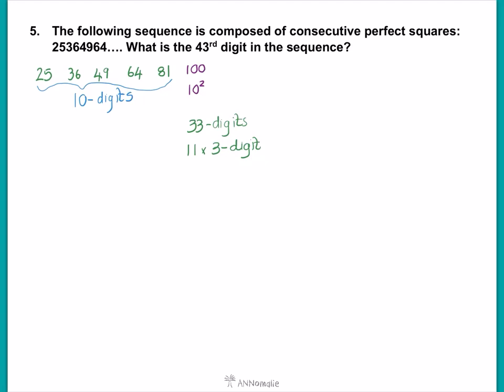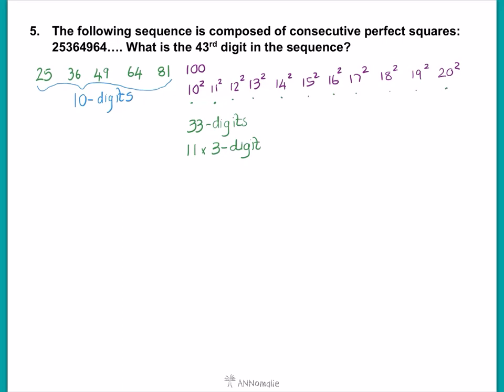So the next one will be 11 squared, 12 squared, 13 squared, 14 squared, 15 squared, 16 squared, 17 squared, 18 squared, 19 squared, and 20 squared. Let's count. That will now be 1, 2, 3, 4, 5, 6, 7, 8, 9, 10, 11.